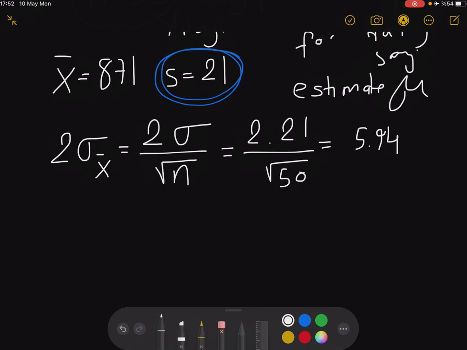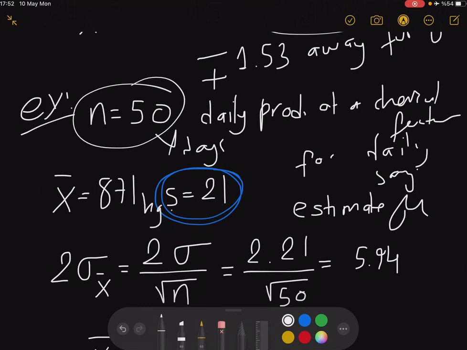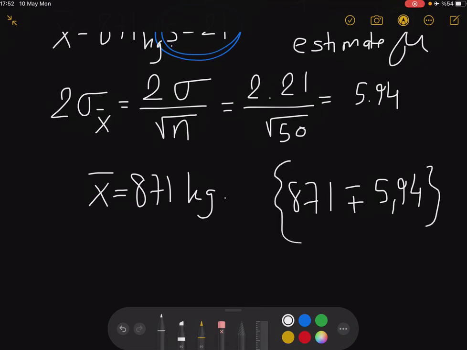So your mu is located for x, since your x is kilograms. Oops, I forgot, this is for kilograms of production. So it is valid for this range, plus or minus 5.94.